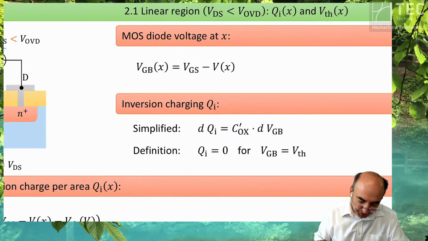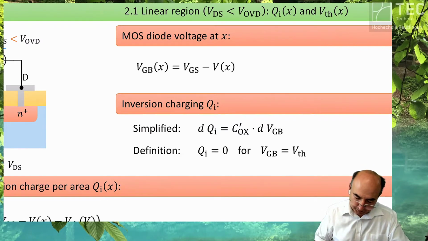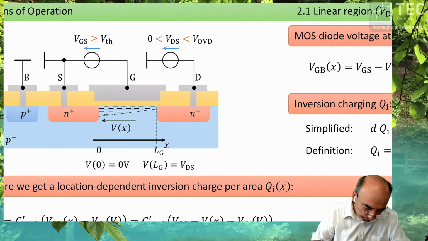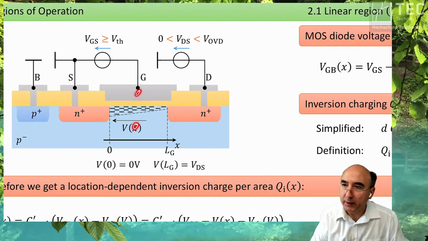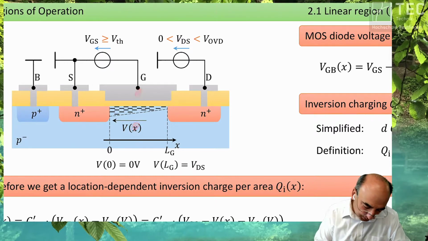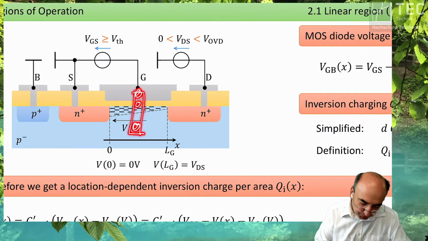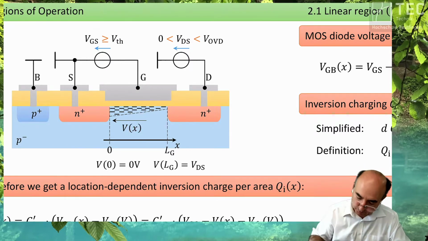Let's go on with the inversion charge. We know that the inversion charge is a function of the voltage across gate, silicon, so metal oxide semiconductor. And this voltage is a function of the location. We know that now also.